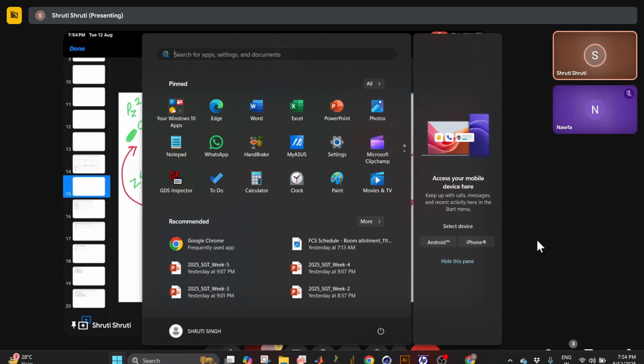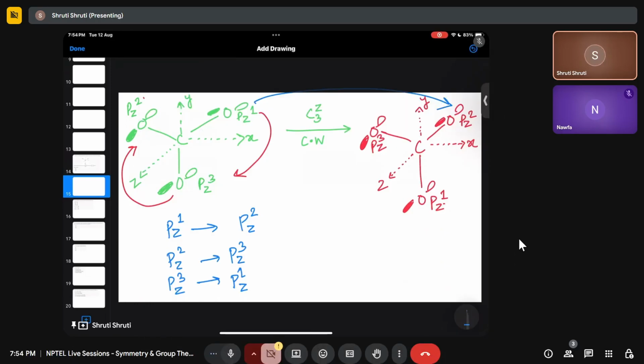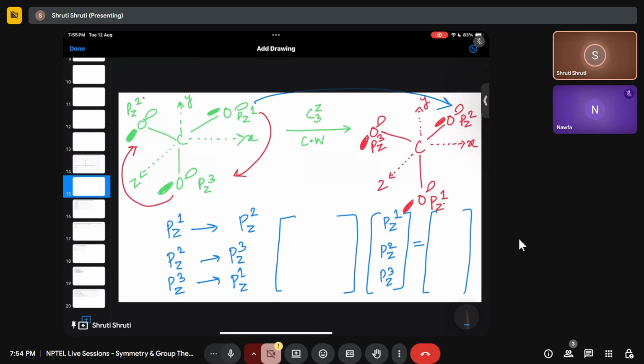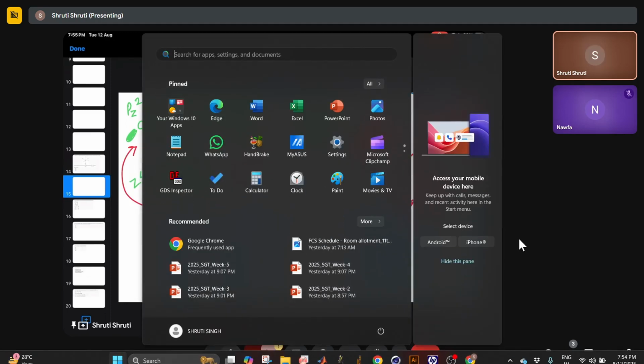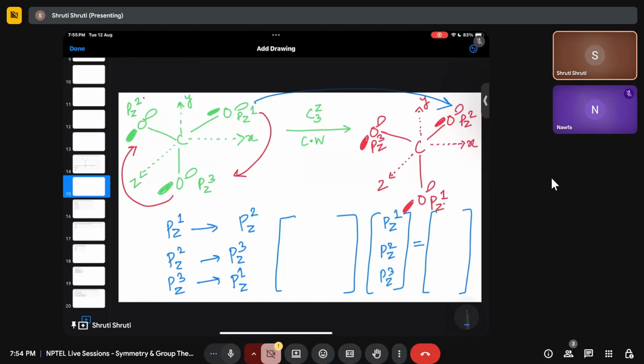Cyclic order. So how do we write this? Now here my basis is this orbital pz1, pz2, pz3. Okay, after this transformation I know what the answer should be. The answer is this: pz1 should get changed to pz2, pz2 should get changed to pz3, and pz3 should get changed to pz1.